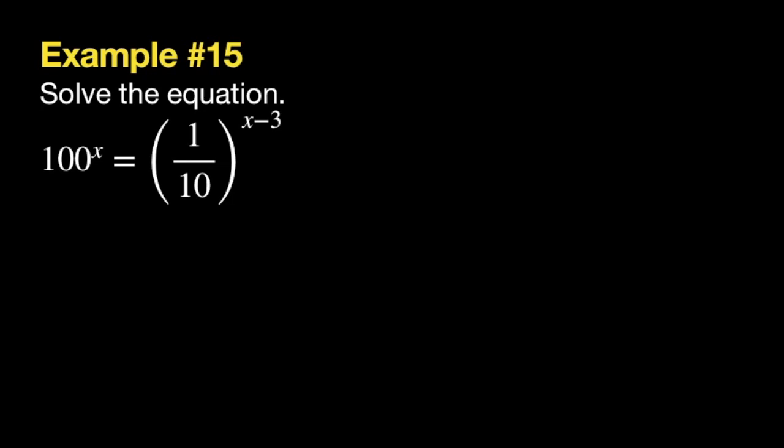The best way that we can solve this problem is by making sure that they both have a base of 10. And to do that, we're going to rewrite this as 10 to the second power to the x. And we can rewrite 1 over 10 as 10 to the negative 1 to the x minus 3.